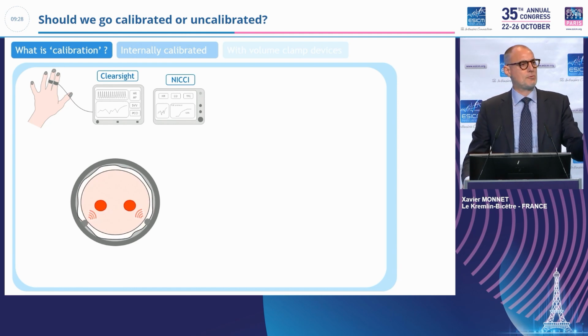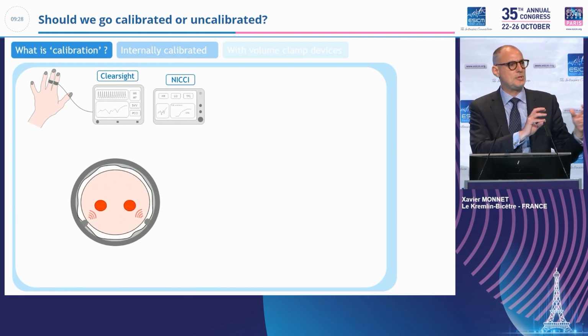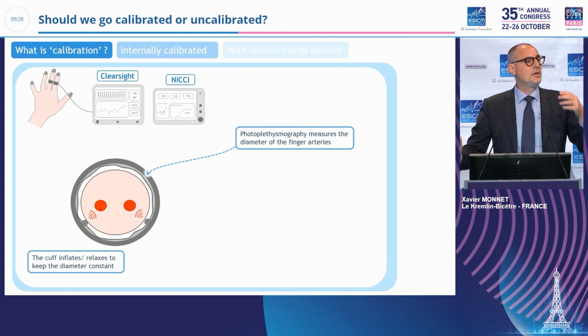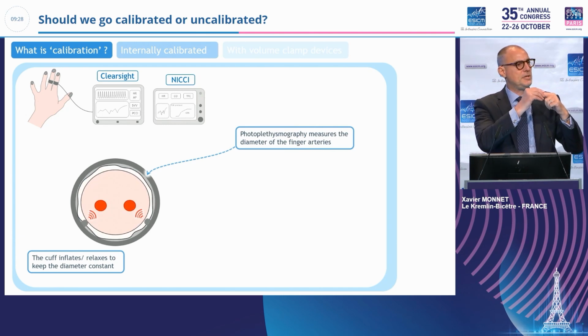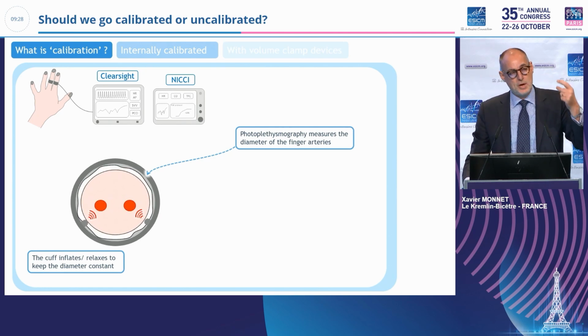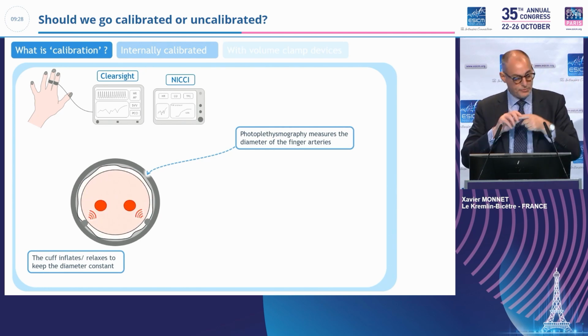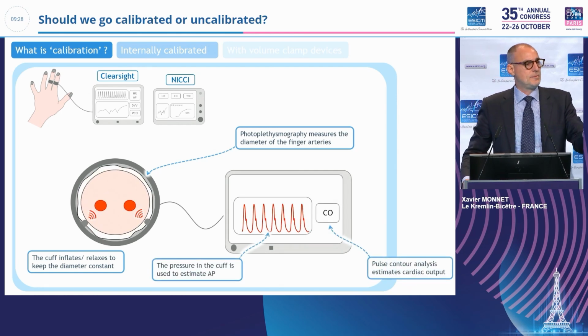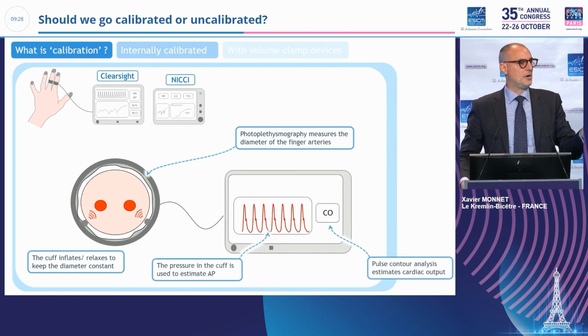As you know, plethysmography measures oxygenated hemoglobin, so the volume of the digital arteries. At each time there is an arterial beat, the cuff inflates very rapidly in order to keep the plethysmography signal constant. And the principle is that the pressure inside the cuff around the finger estimates the arterial pressure of the digital arteries.